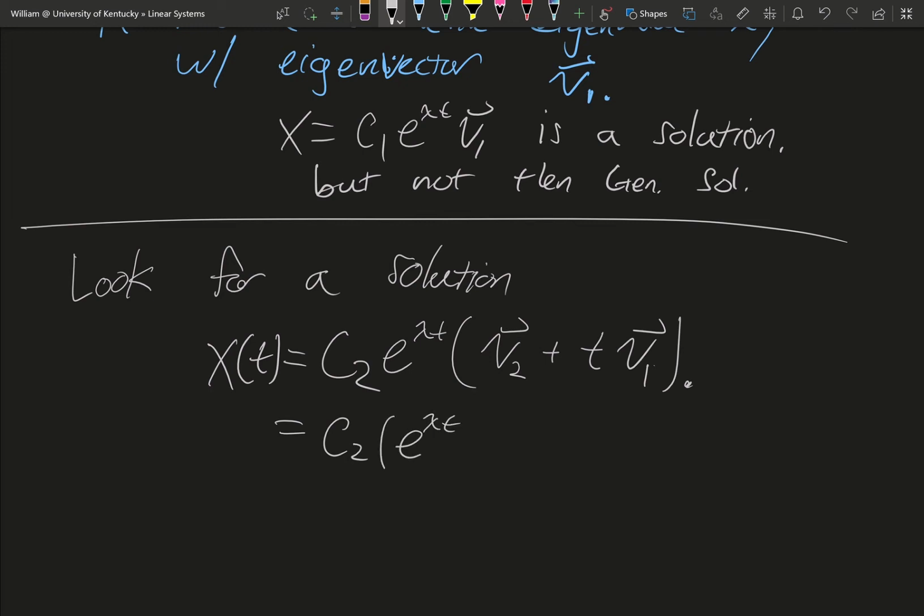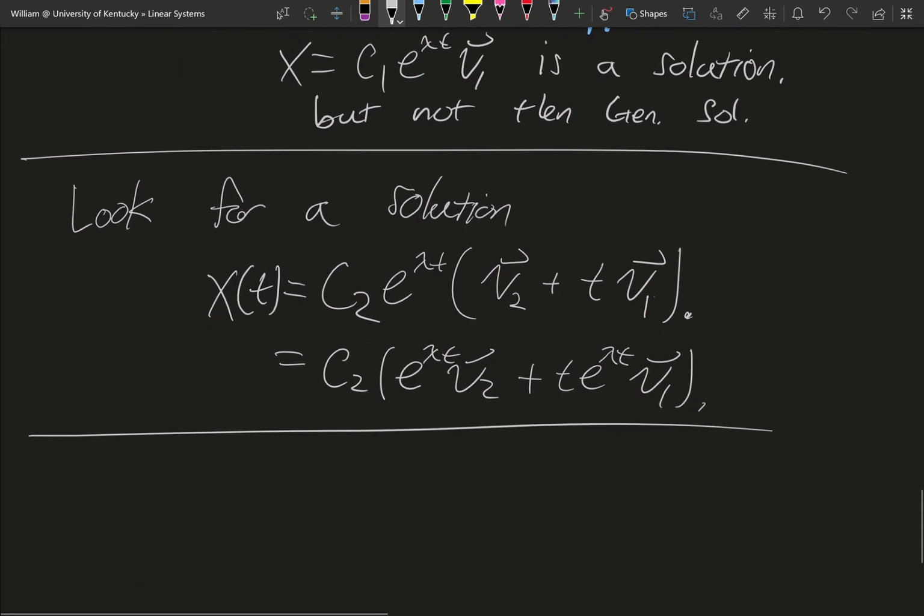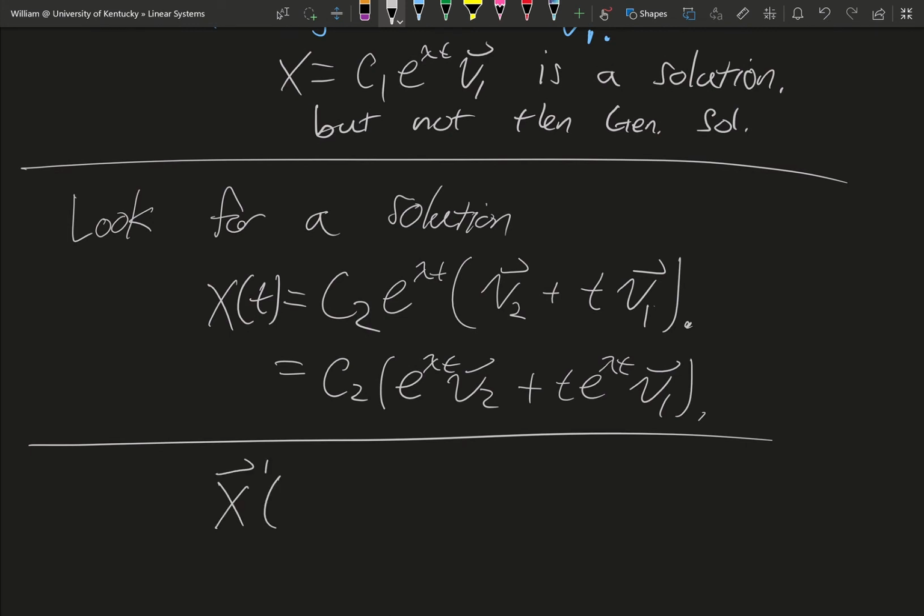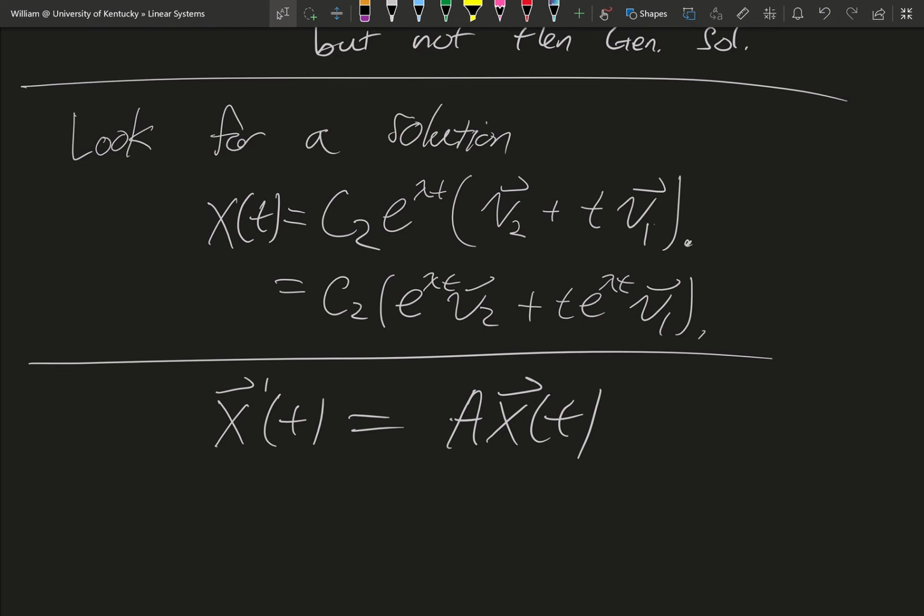Let's expand this once more, just because we're going to take a derivative and it'll make it a little bit easier. What we want to set up is the system x prime of t equals A times x. So if this is our x, what is x prime? Actually, let's just get rid of c2 because we can set it equal to 1.